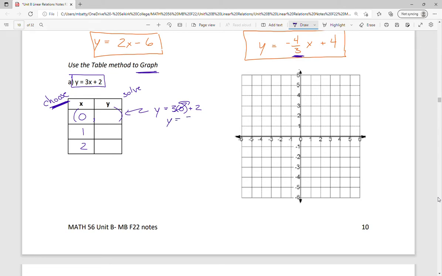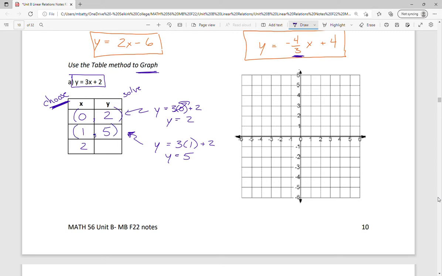Well, y would equal 2. So you can do your rough work over on the side. I do funky little arrows to the box. I'm going to just simply sub in whatever I've chosen for my x value. So 3 times 1 plus 2. Well, that would be 3 and 2, so 5.